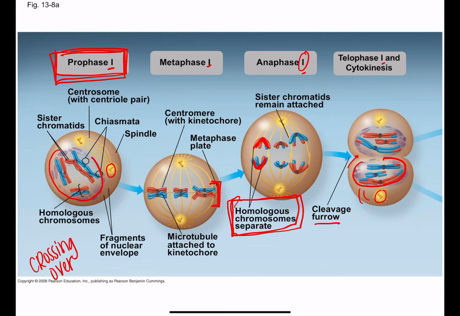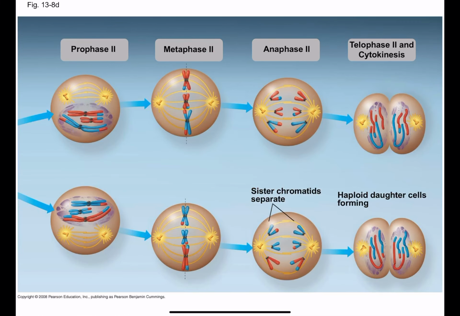So after telophase 1 in cytokinesis, the cytoplasm divides. You form new cells. So these cells, both of them here, that were divided, we have the nucleus breakdown again. In prophase, the spindle fibers start to form. Metaphase, they're going to line up on the metaphase plate. Anaphase, I'm putting a box around this because it's important.